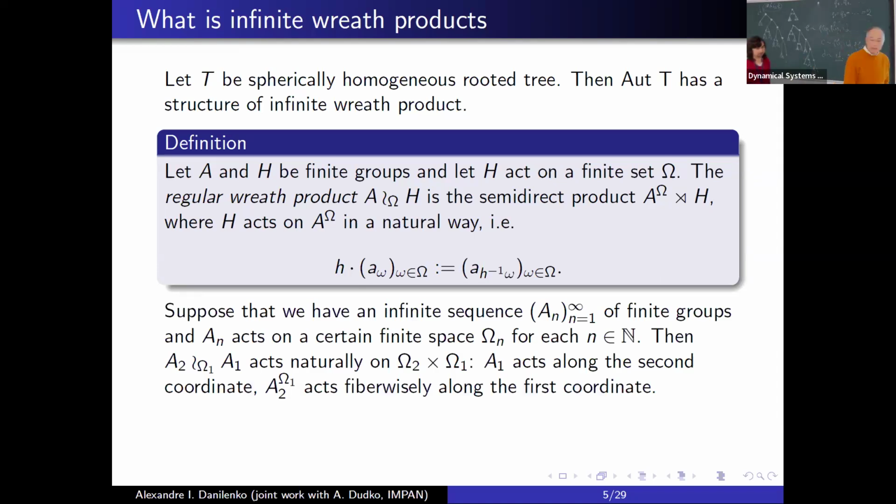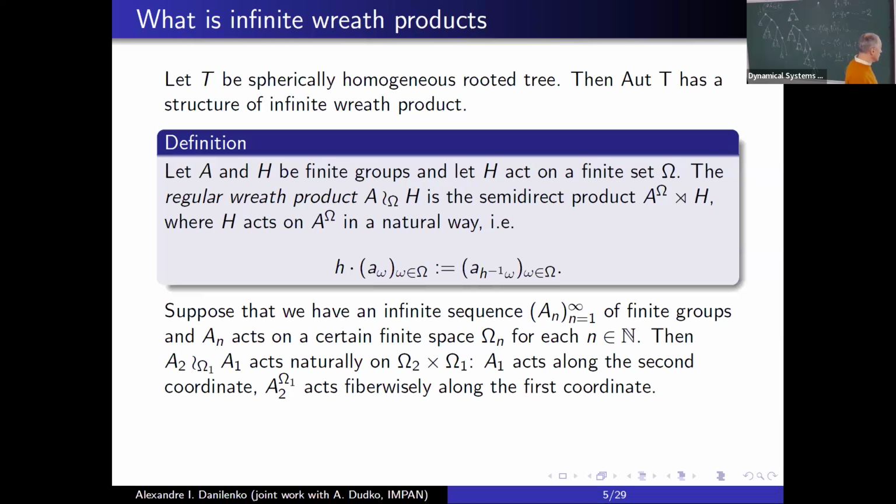Now suppose we have an infinite sequence of finite groups A_n, and each acts on a certain finite set omega_n. Then A_2 wreath A_1 acts naturally on this group. How do we define this action?